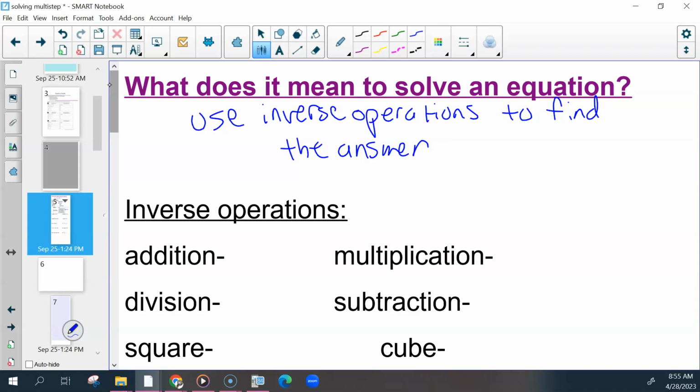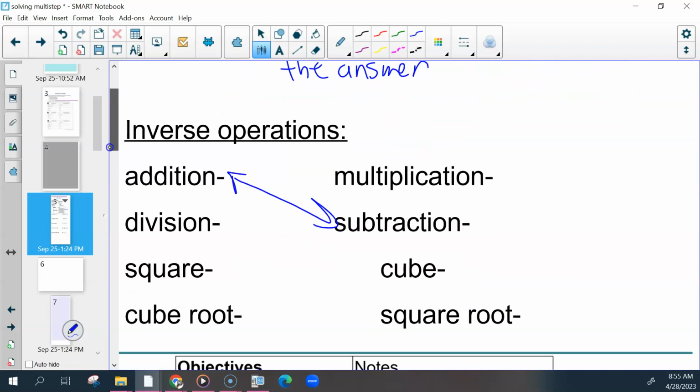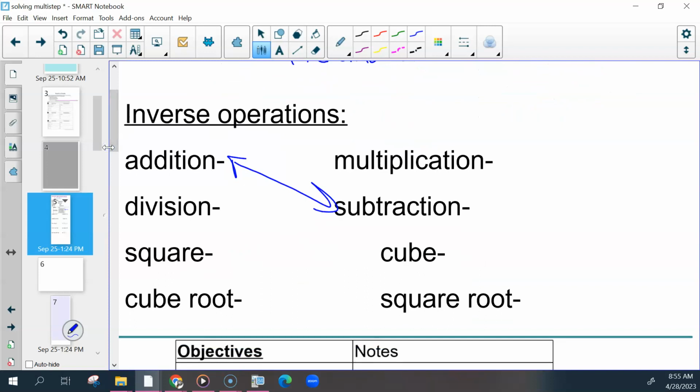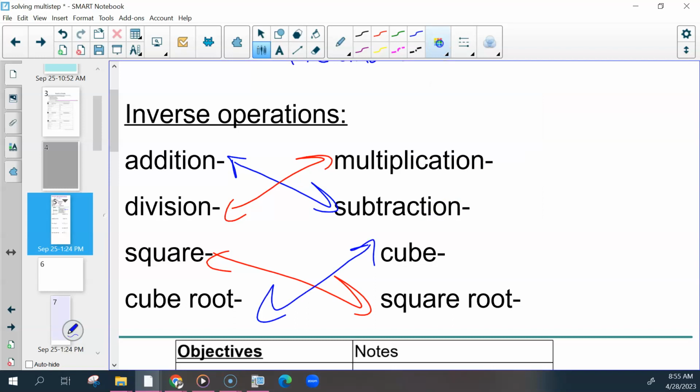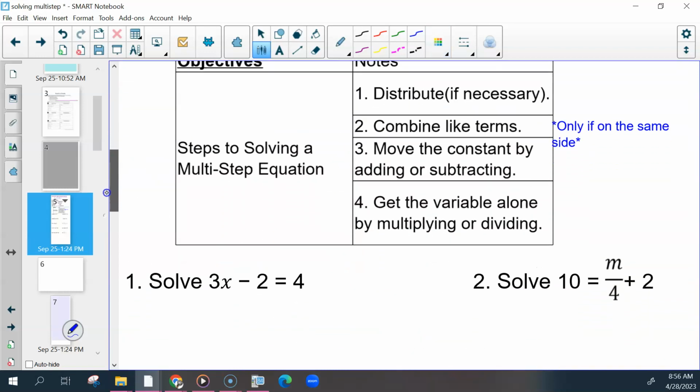Subtraction and addition. Anything else? Multiplication, division. Yes. Square root. So keep all those things in mind as we move forward and solve some of these equations.